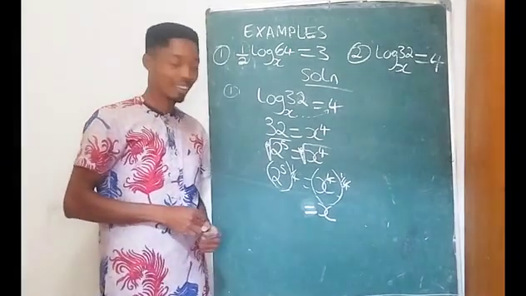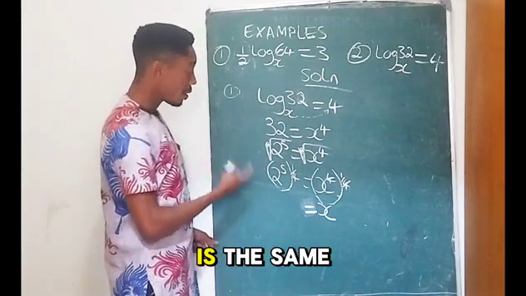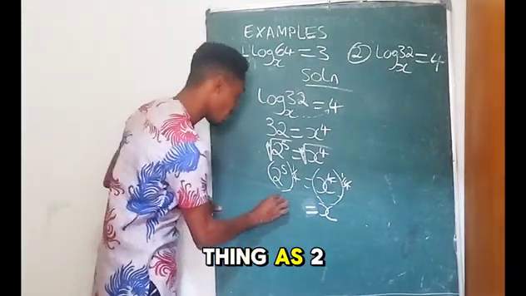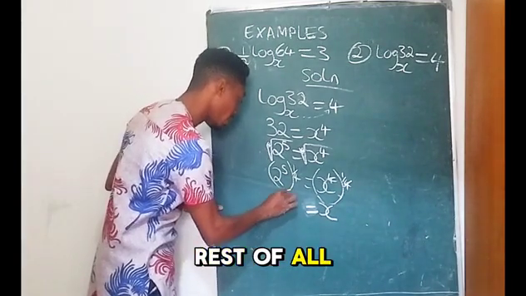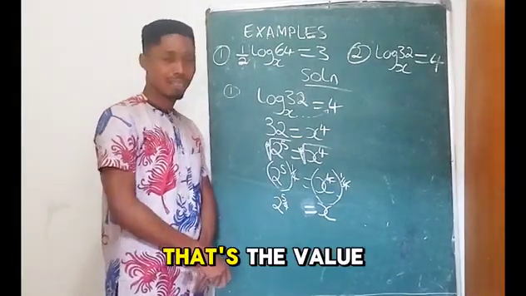And this is the same thing as 2 raised to power 5 all over 4. That's the value of x.